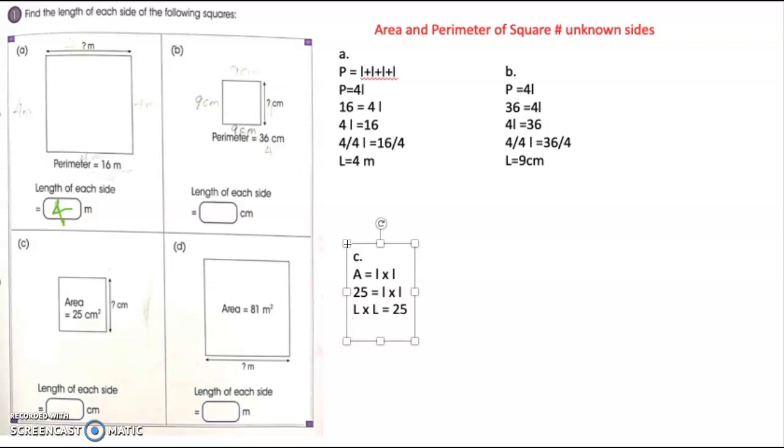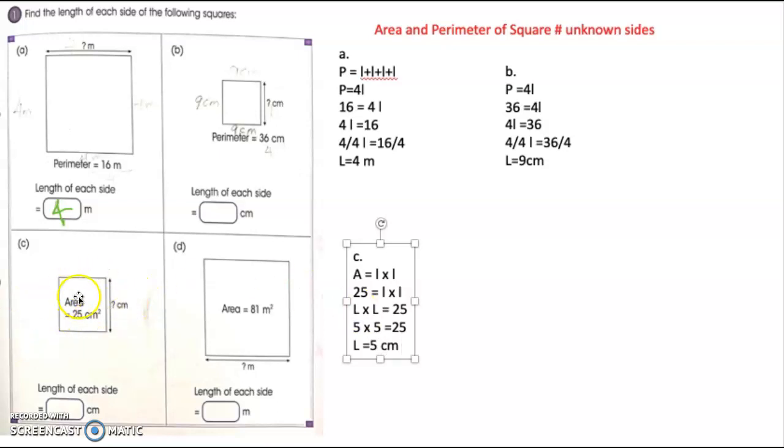So as I told you before, this should be the same value, right? So how can you get 25 by multiplying the same numbers? We know that 5 times 5 equals 25, right? So how much is L? It's very simple. L is equal to 5 centimeter, right?